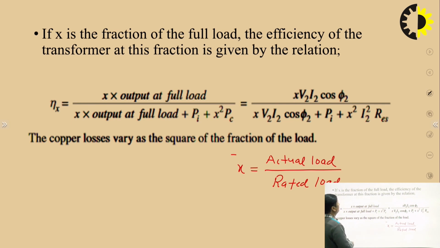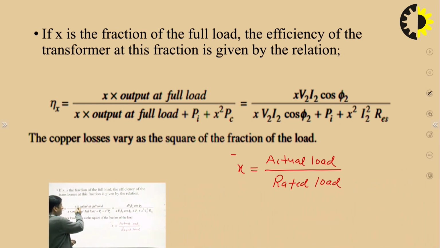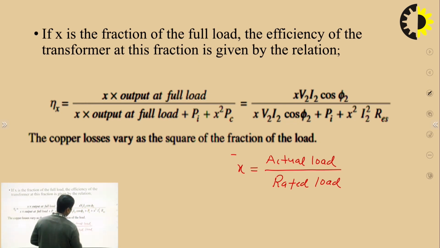So if X is a fraction of the full load, the efficiency of the transformer is given by this relation. Since the transformer is now working at a fraction of the full load, we multiply the rated output by X. That is X into V2 I2 cos phi 2, where V2 I2 cos phi 2 was the rated output of the transformer.